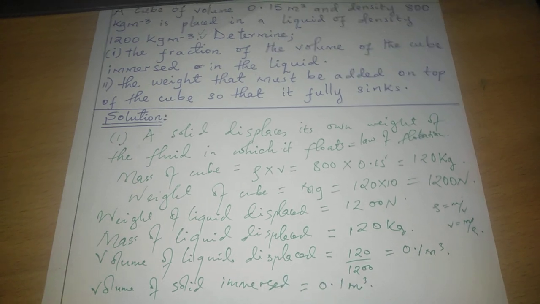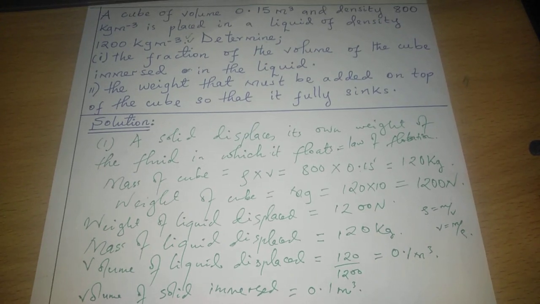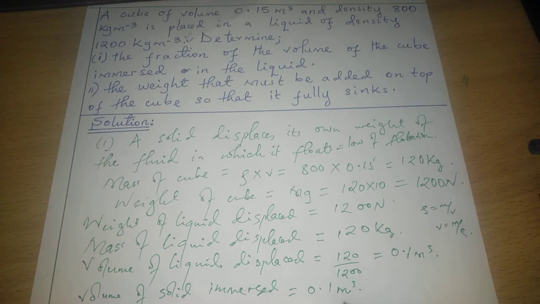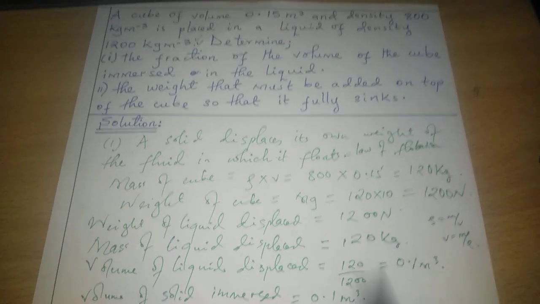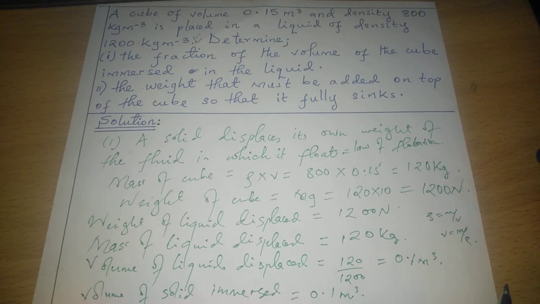Why? Because for the solid to displace a liquid which is 0.1 cubic meters, it should itself submerge 0.1 meters cubed. That is displacement in form 1 physics.